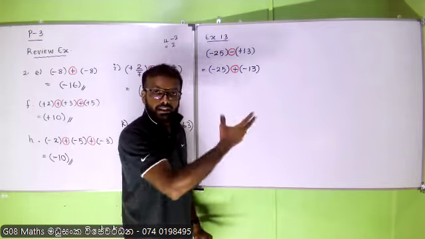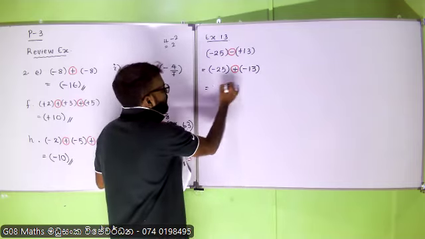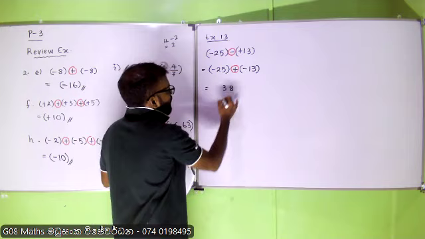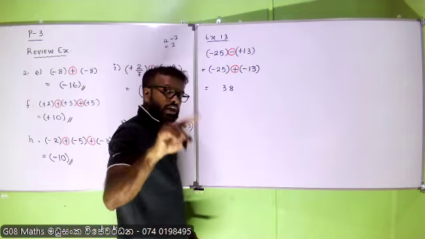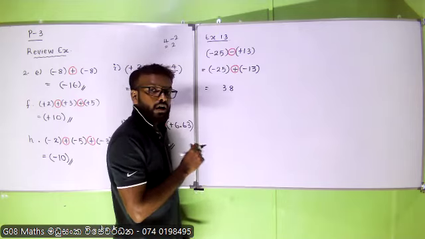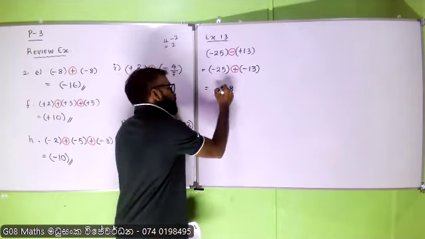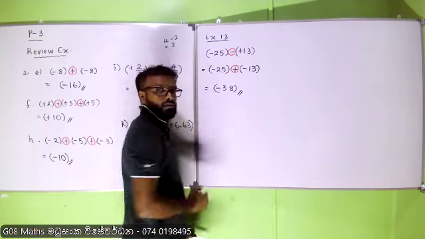Just add the numbers: 25 plus 13 is 38. How to decide the sign? You have to put the same sign because these two numbers have the same sign. Negative. Done.